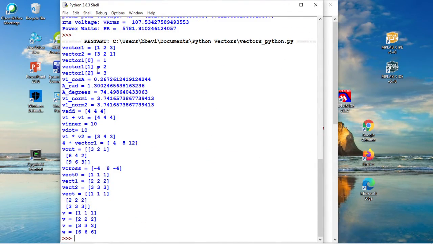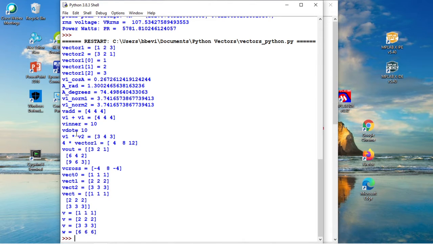Here are the 2 vectors and their components, 1, 2, 3, 1, 2, 3. Then the cosines, radians, degrees. This is the length of vector 1, and this is the length of vector 2. I'm adding the 2 vectors; you can do it this way or this way.